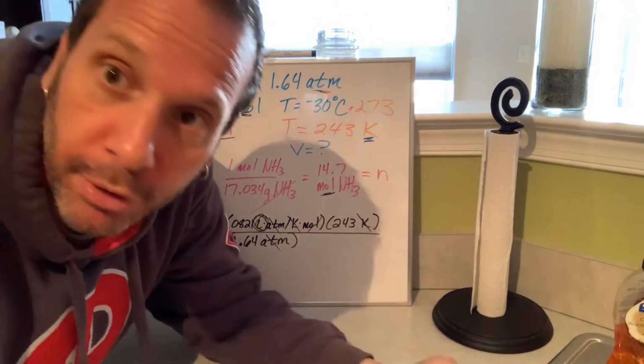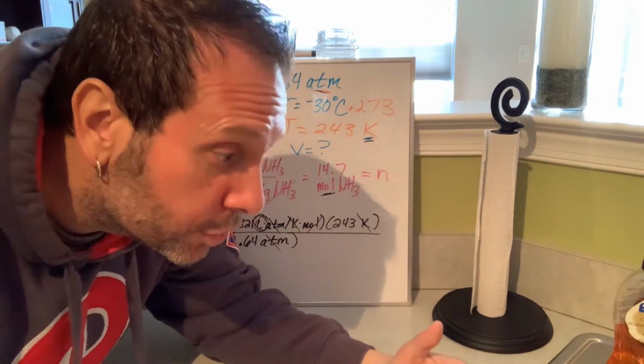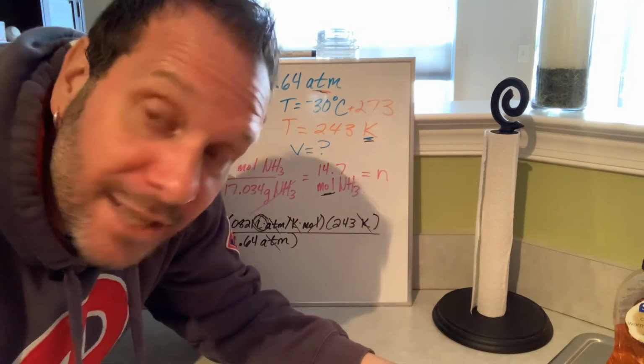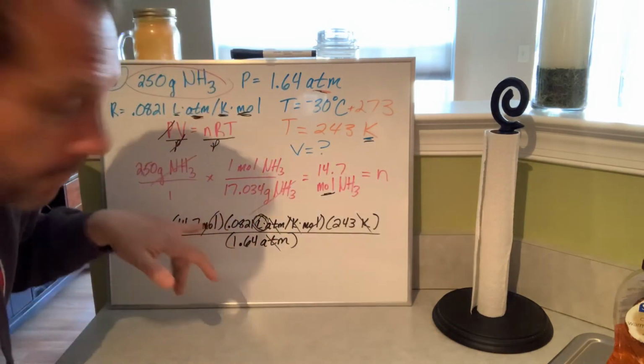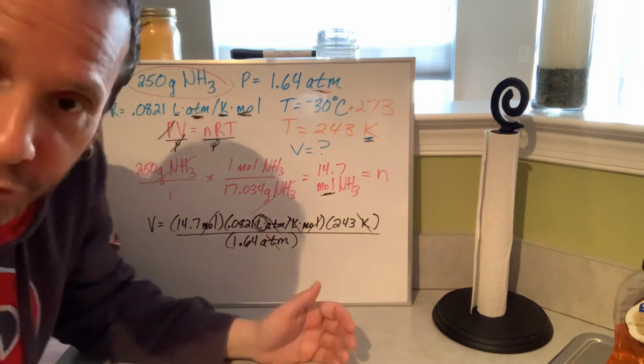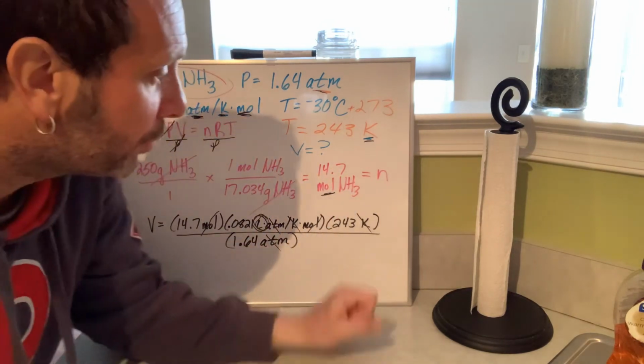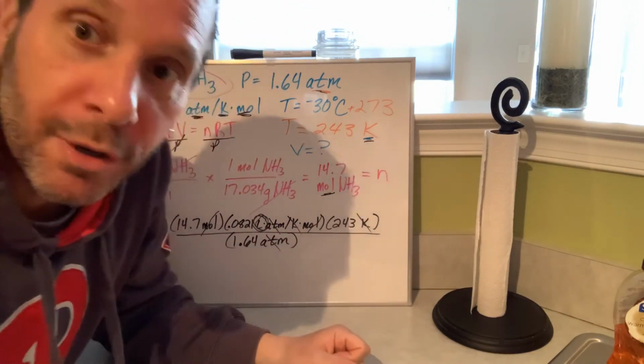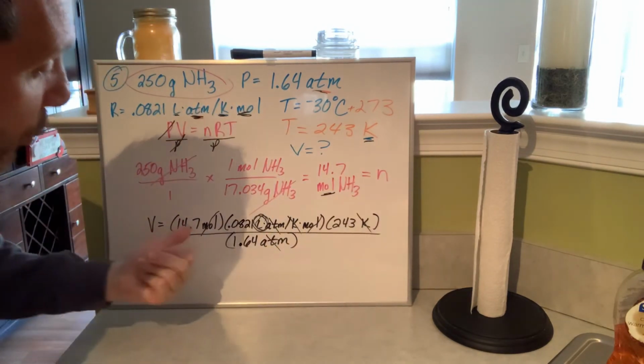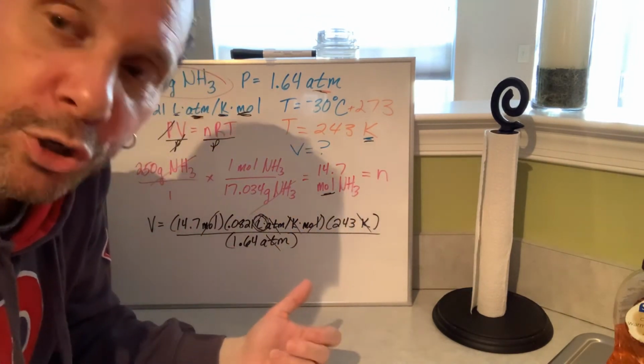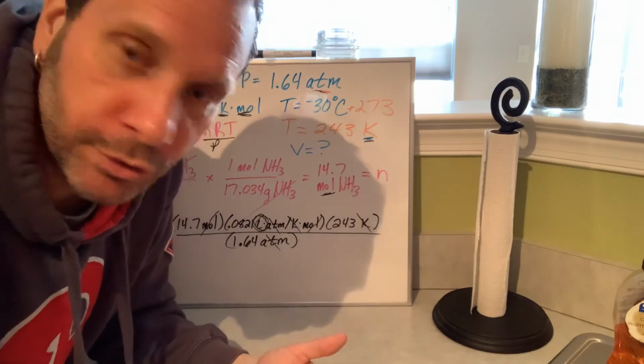That's why you have to plug in all of the units the same. That's why you can't plug in millimeters of mercury for your pressure. That's why you can't plug in Celsius for your temperature. That's why you can't plug in grams for your moles, because they're different values.